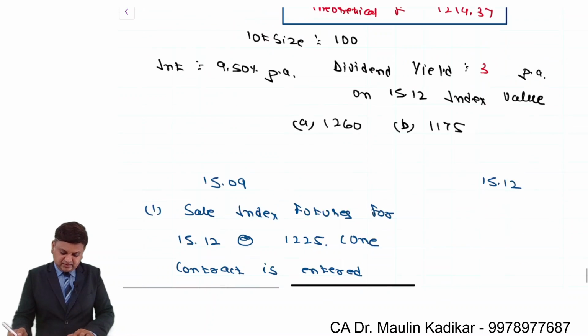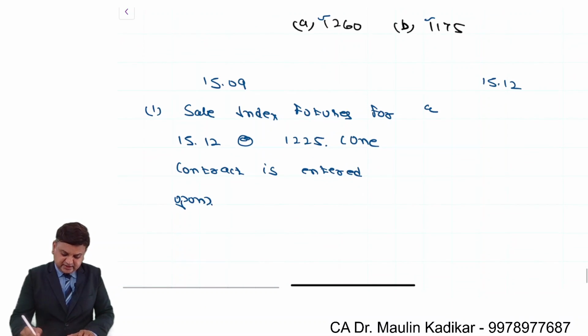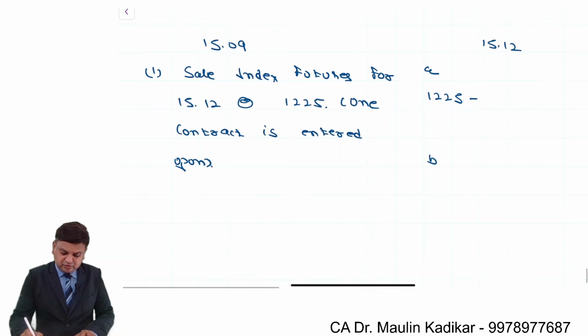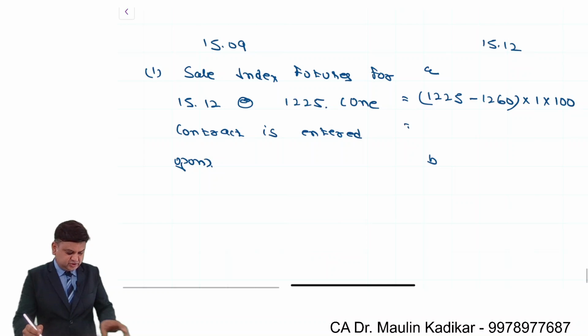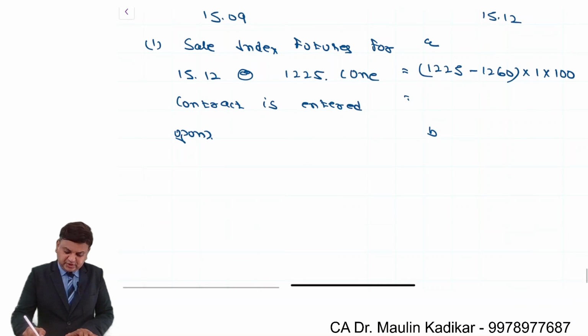On 15th of December there are two situations that they have provided, A and B. 1225 is the sale value. In case of A, 1260 is the purchase value, into 1, that is the number of contracts, into 100, that is the lot size. So this is the way we will have 1225 minus 1260 into 100, that comes to a loss of 3500.